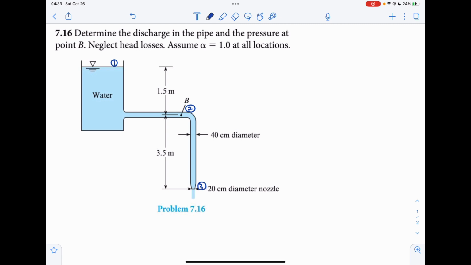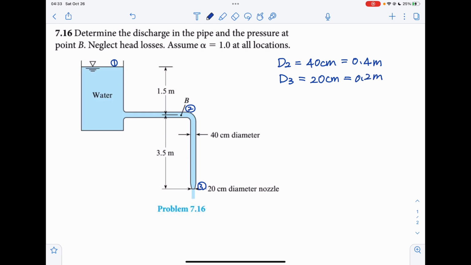We are given the diameters in the figure. The diameter at point 2 is 40 centimeters, which is 0.4 meter, and the diameter at point 3 is 20 centimeters, which is 0.2 meter.